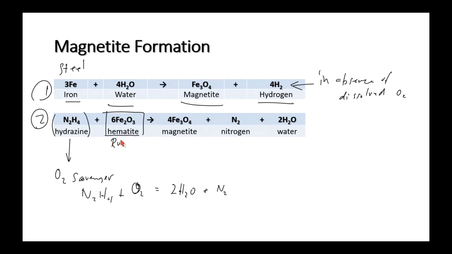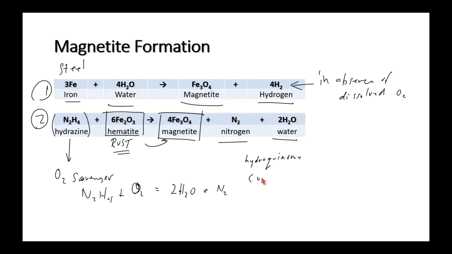Now, hematite is what you have on your car. It's rust. And so it's already a corrosion product. It's an undesirable corrosion product. We don't want it. Well, hydrazine will actually convert it into magnetite and nitrogen and water. So there are certain oxygen scavengers. Hydrazine is one of them, and there are other ones like hydroquinone, another oxygen scavenger that has a similar effect on the formation of magnetite.